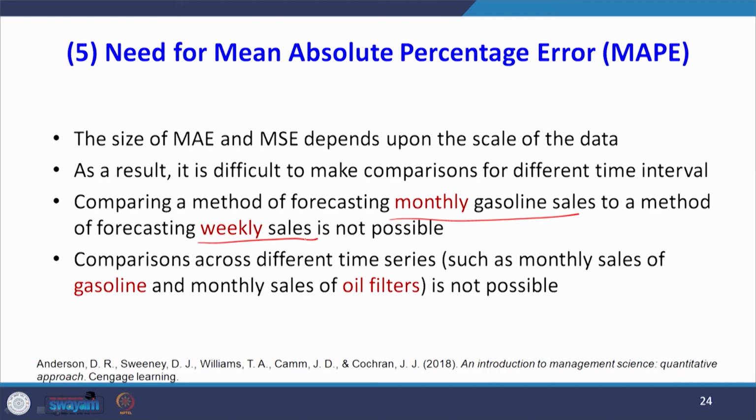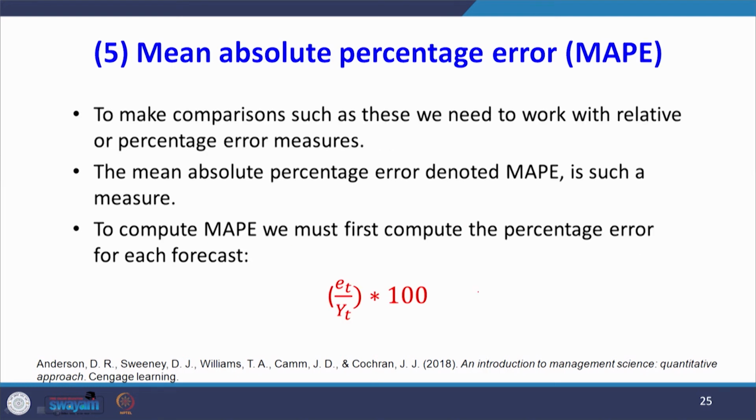Another example is comparison across different time series, such as monthly sales of gasoline and monthly sales of oil filters, because these are two different products. This comparison is also not possible. To overcome these drawbacks, we are going to introduce another measure of forecasting accuracy, called mean absolute percentage error.